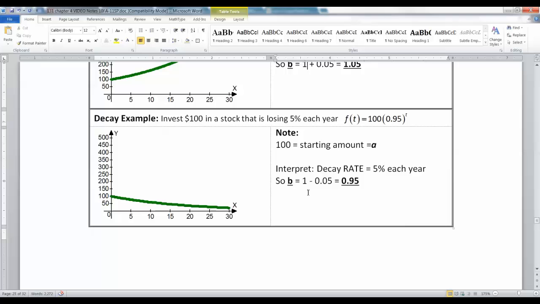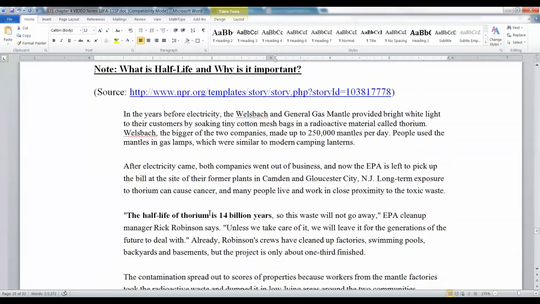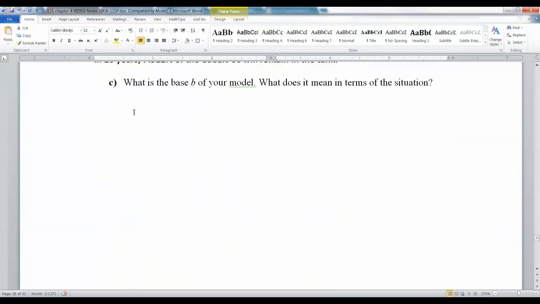Okay, so remember, if the decay rate is 5%, that means that our base was 0.95. Remember that? Why? Well, because you take 1 minus your rate and that gets you your base. So let me put that in here, right? For decay, let's remind ourselves, the base is equal to 1 minus the rate of decay.